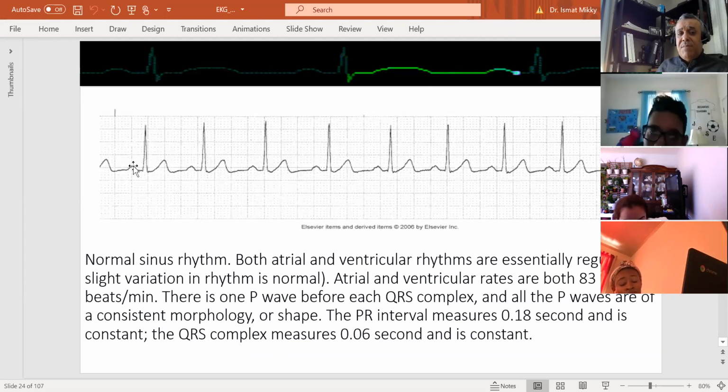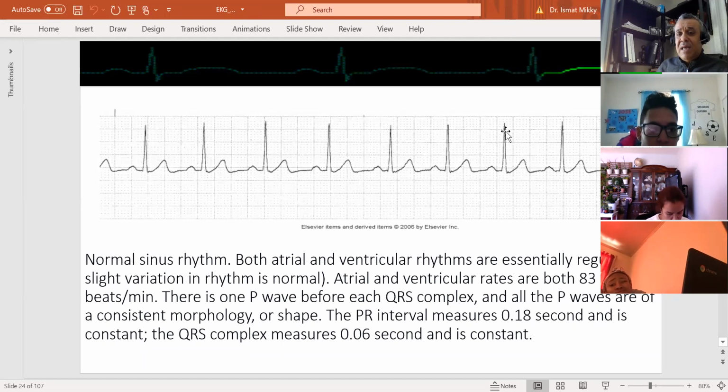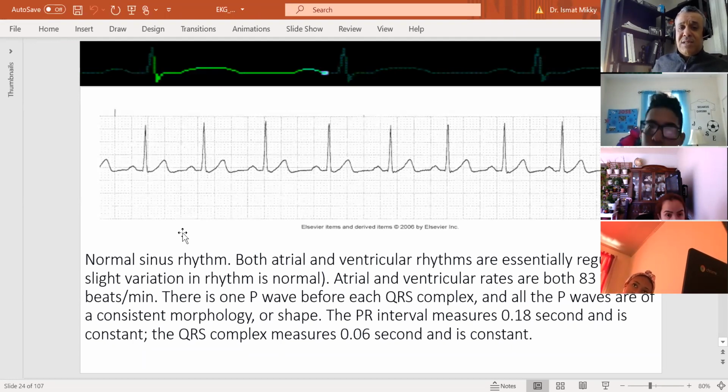If you calculate, P to P should be the same distance, and R wave to R wave should be the same distance. That gives you the result that this is a normal sinus rhythm.